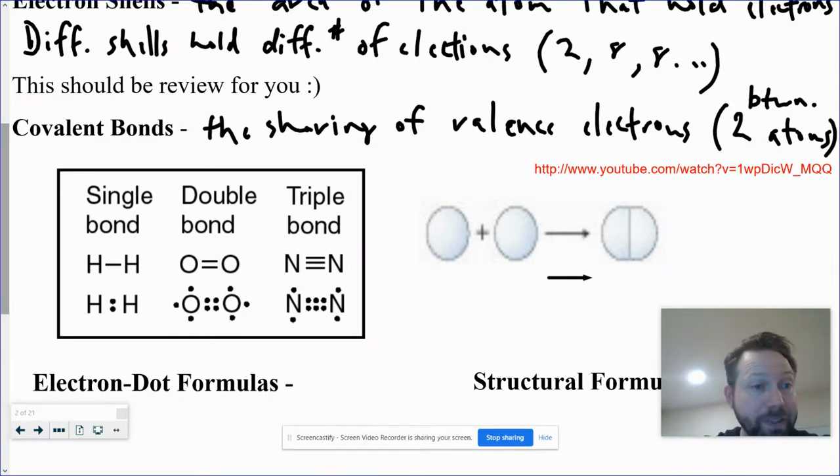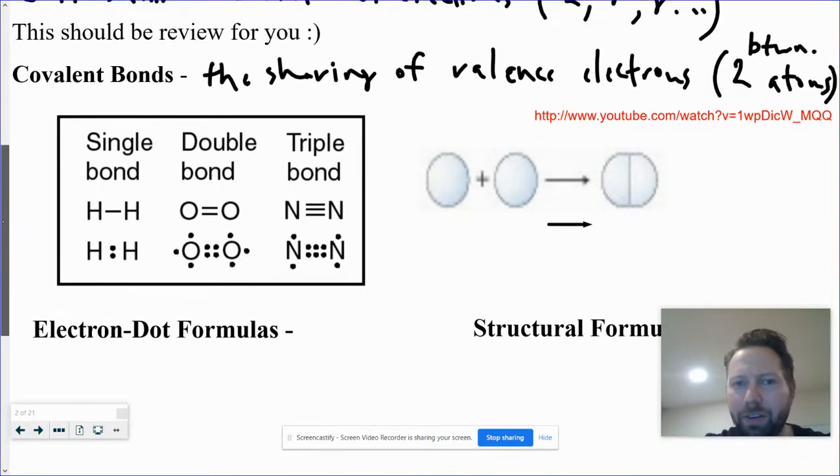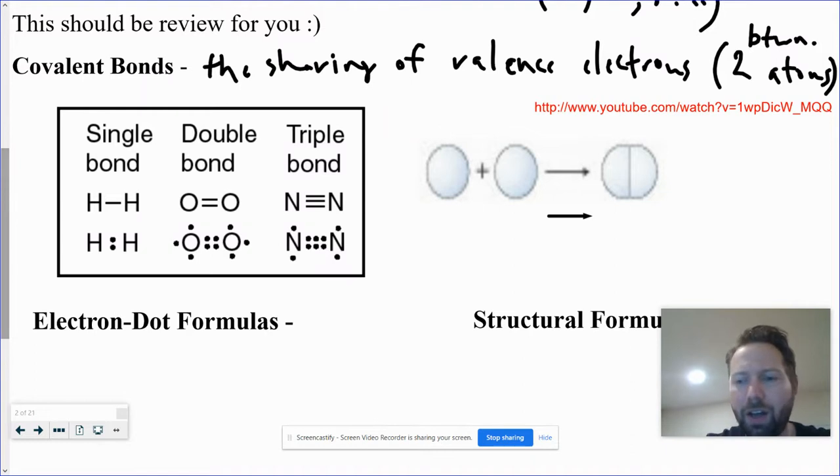And the goal ultimately is to fill the outer valence shell of electrons.